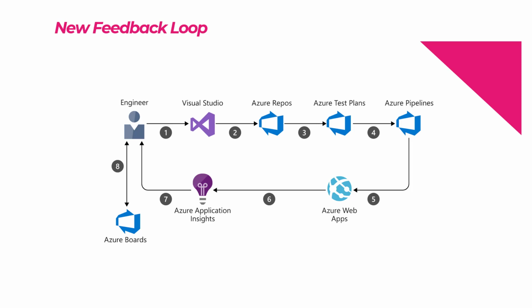We'll use Azure Insights to gather feedback and telemetry and have that go back to the engineer. And then lastly, number 8 with the boards, that's more of an implementation life cycle, where an engineer is getting new change requests or new features assigned to them, and then it goes through that same life cycle.